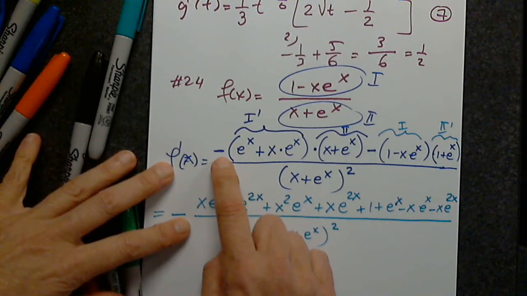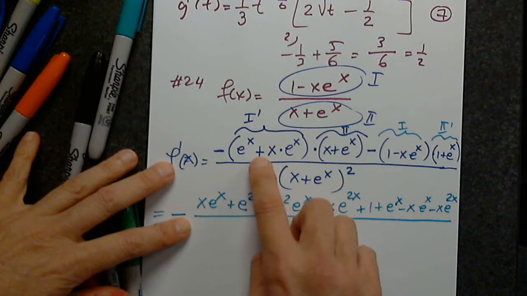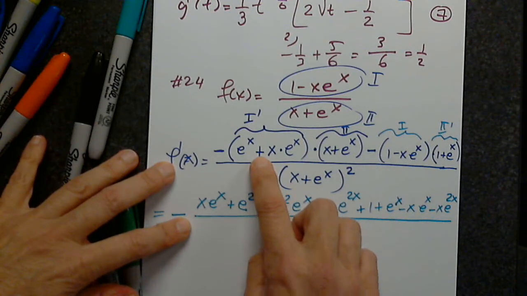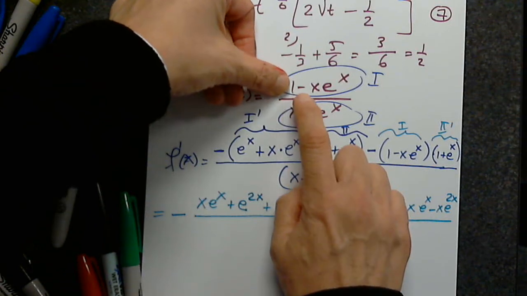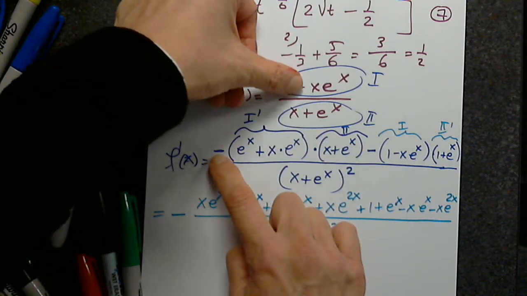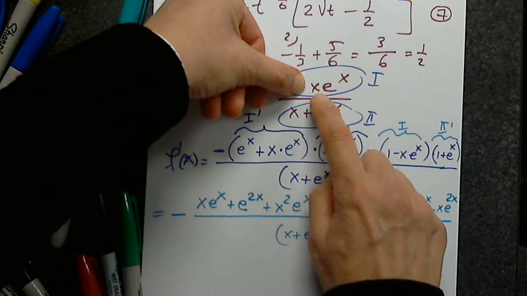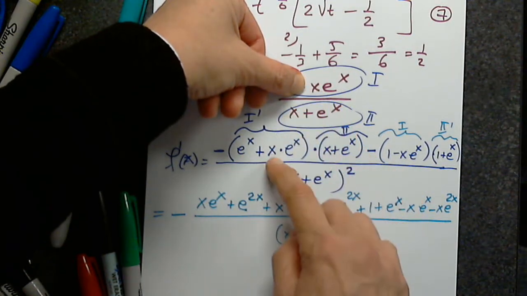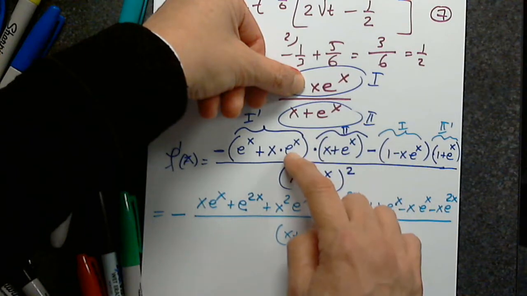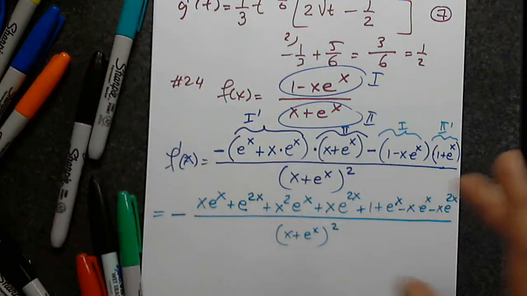Because when I differentiated 1, I got 0, and then I put negative in front. And I said the first function prime is 1 times e to the x plus the first function times the second one prime. I didn't want to distribute negative 1.